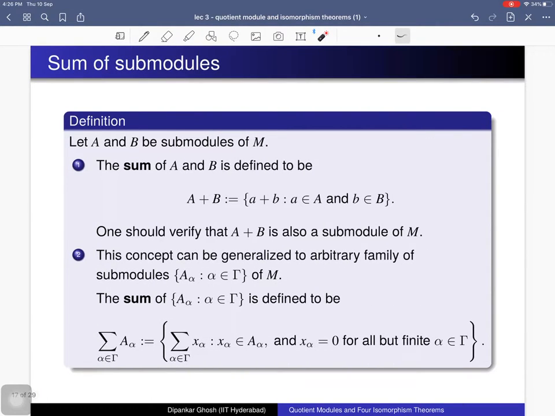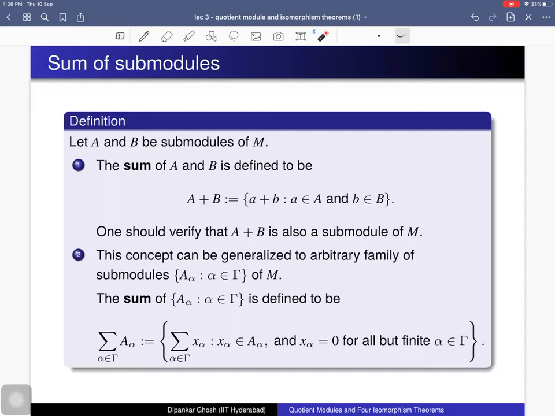This concept can be generalized to an arbitrary family of submodules. That family of submodules can be finite, infinite, countable, uncountable, whatever. But you consider an arbitrary family of submodules, let's say A alpha, where alpha is indexed by this Γ, and this index set can be finite or infinite.